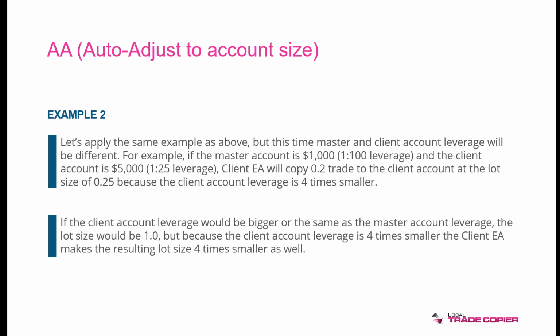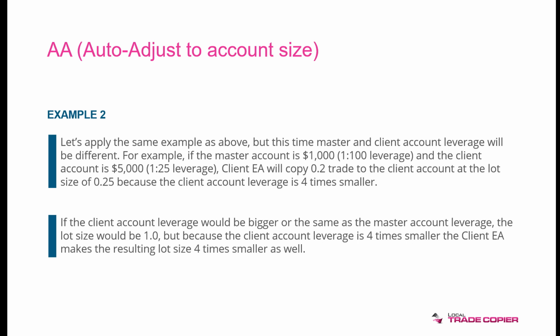So here's what happens. If the client account leverage were bigger or the same as the master account, the lot size would be a full lot, because it has to become 5 times bigger since the client account is 5 times bigger. But because the client account has a smaller leverage, to be precise 4 times smaller, the client EA makes the resulting lot size 5 times smaller as well.